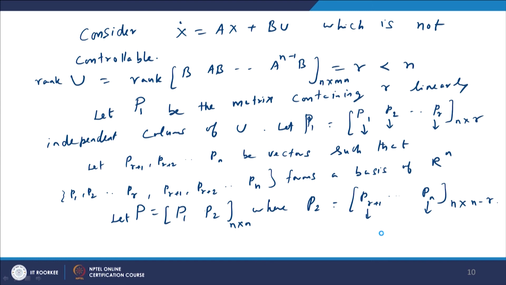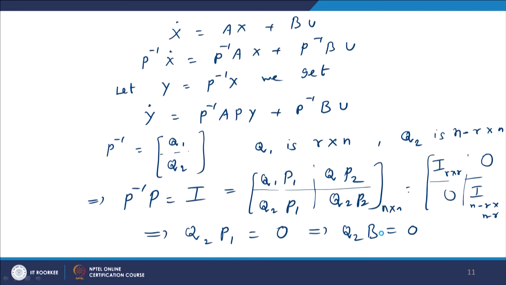So, if Q2 is orthogonal to all these P1, P2, it should be orthogonal to B as well as AB, A square B etc. So, this implies that Q2 into B is 0, Q2 into AB will be the 0 matrix etc.